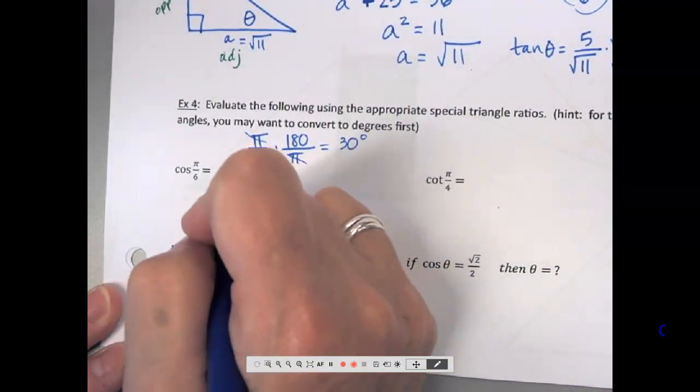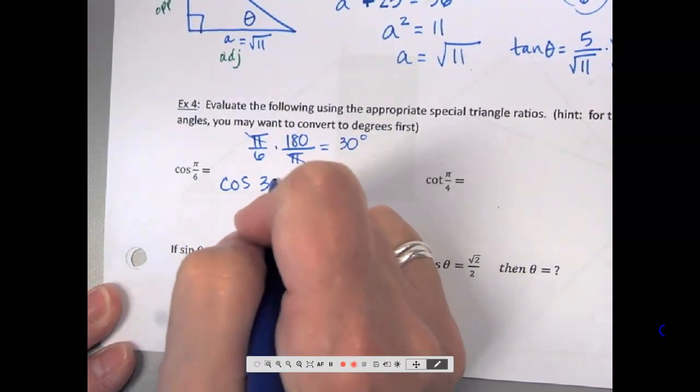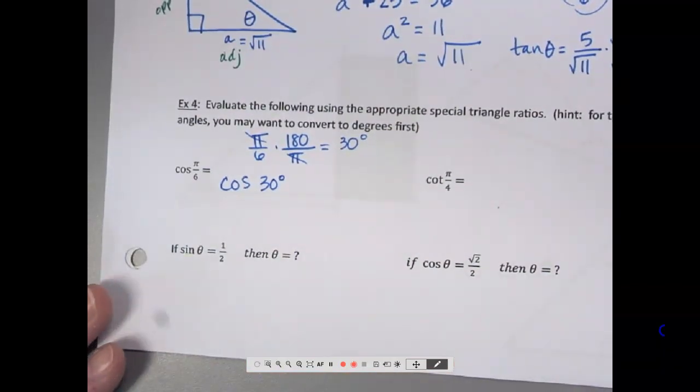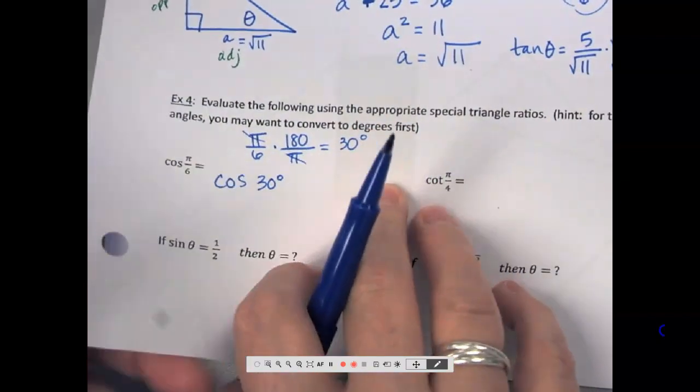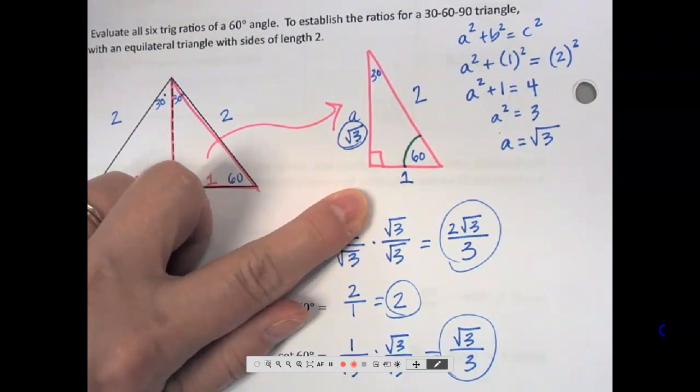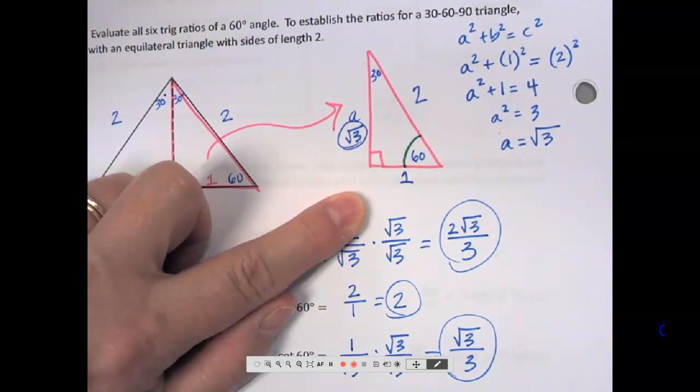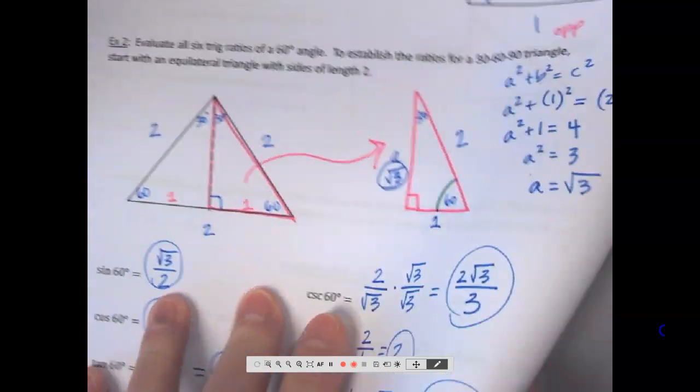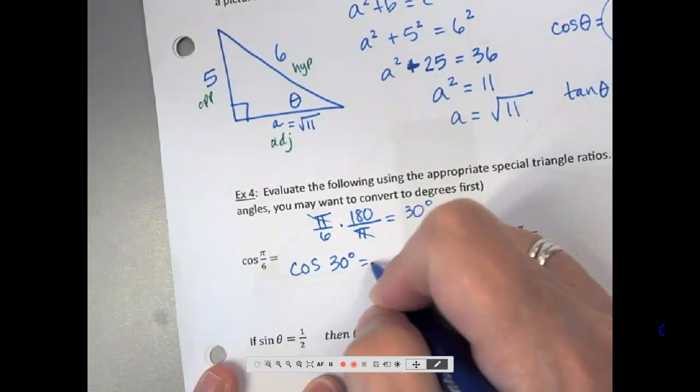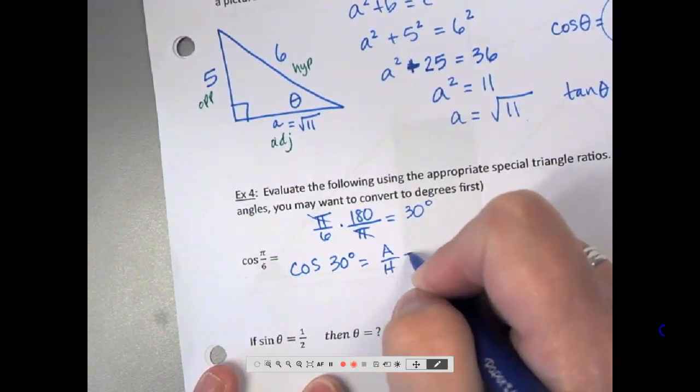So this is asking us for cosine 30 degrees. We already set that triangle up. Go back one page. I want cosine of 30. I'm going to look at this triangle right here. Cosine is adjacent over hypotenuse.